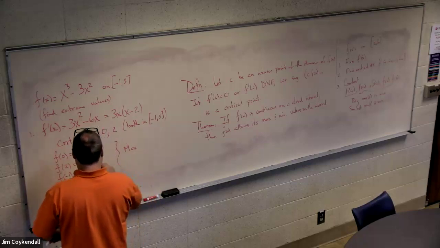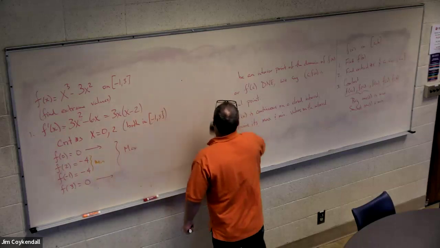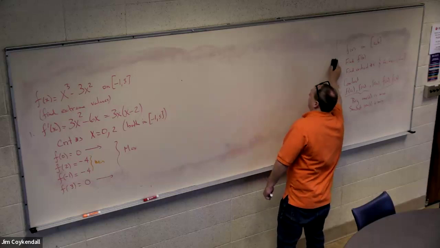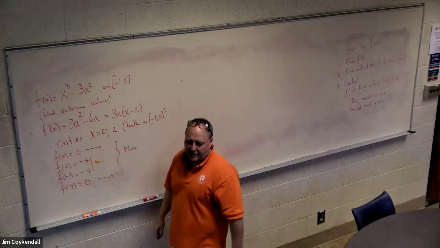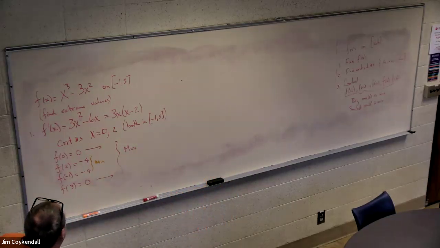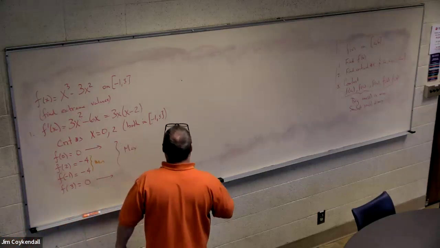Then what are my maximum and minimum values? The maximum value is 0, so this thing is never positive. Biggest you can get is 0 on the interval from -1 to 3, and it attains its maximum at 0, which is inside, and its right endpoint. And its minimum is -4, and that occurs twice as well.